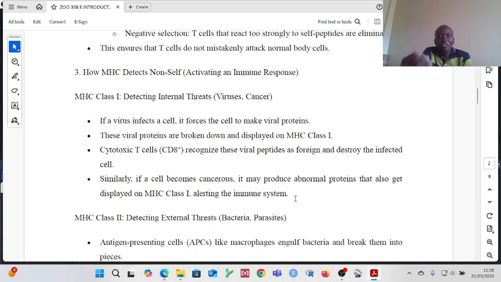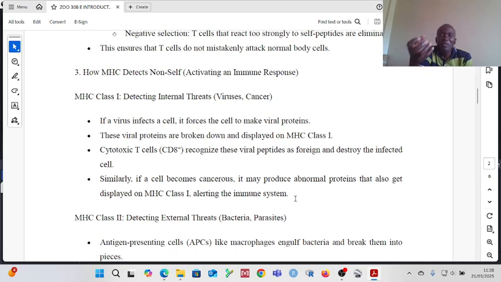So the proteins being made by that cell are now viral proteins, because the cell's protein-making machinery has been hijacked by the virus. So as it produces its cell proteins, it also produces viral proteins.